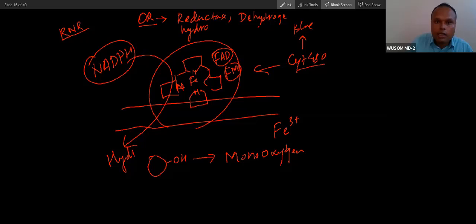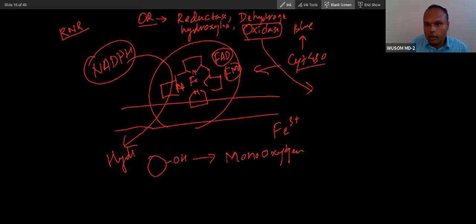Hydroxylation is done by this enzyme, hydroxylase. And third, sometimes there is an oxidase enzyme, where oxygen comes directly, for example cytochrome oxidase, complex 4.